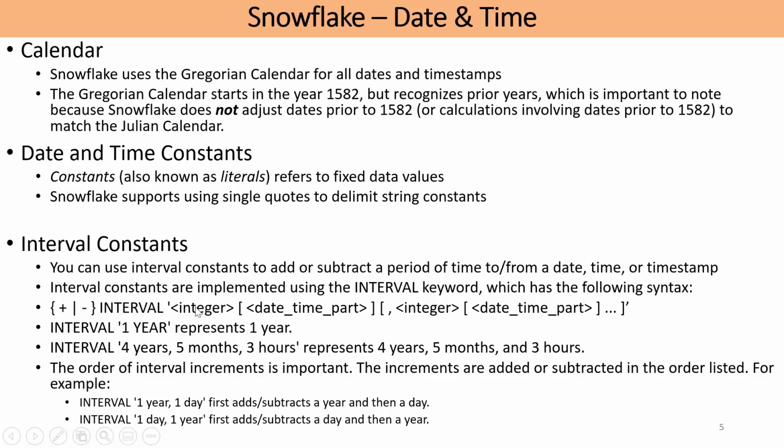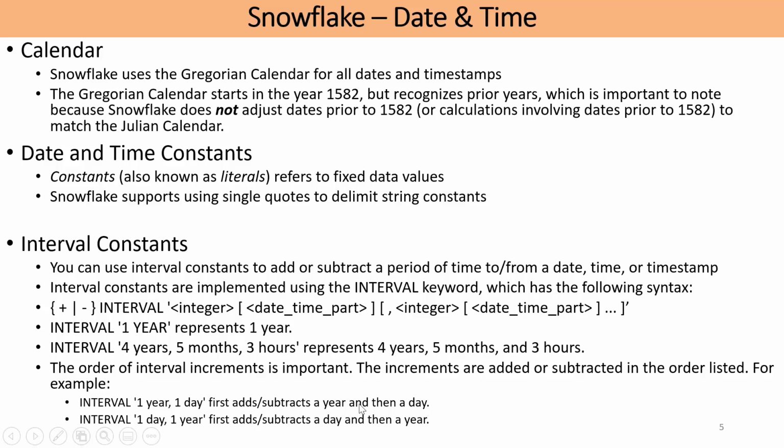So integer interval, date time part. Date time part is the function which helps you convert into a different date, different time, whatever format that you want. We'll see some examples of it. Interval 1 year represents 1 year from the current date. So interval 1 year, 1 day means from now on, 1 year plus 1 day.